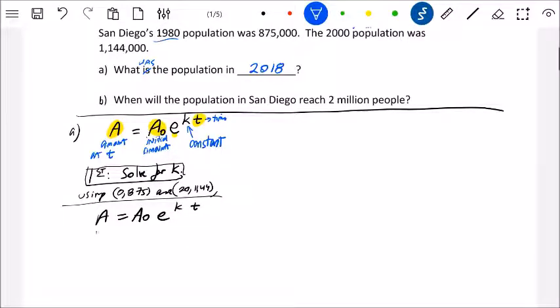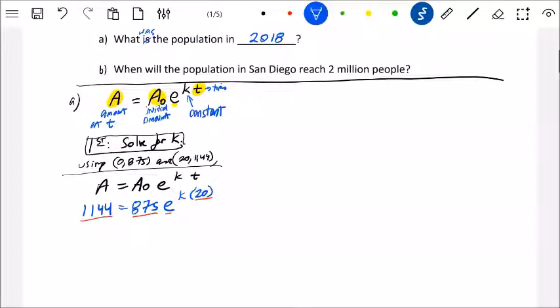The initial amount goes here, 875. We don't know what k is, but the time is 20 with the amount of 1144. Notice that this is filled in, this is filled in, this is filled in, and the e is on the calculator. So the only thing we need to do is solve for k.